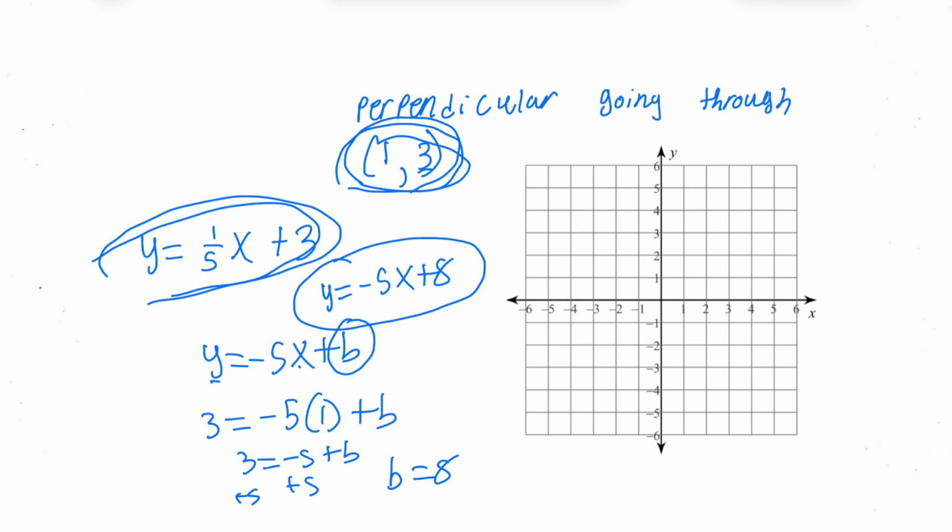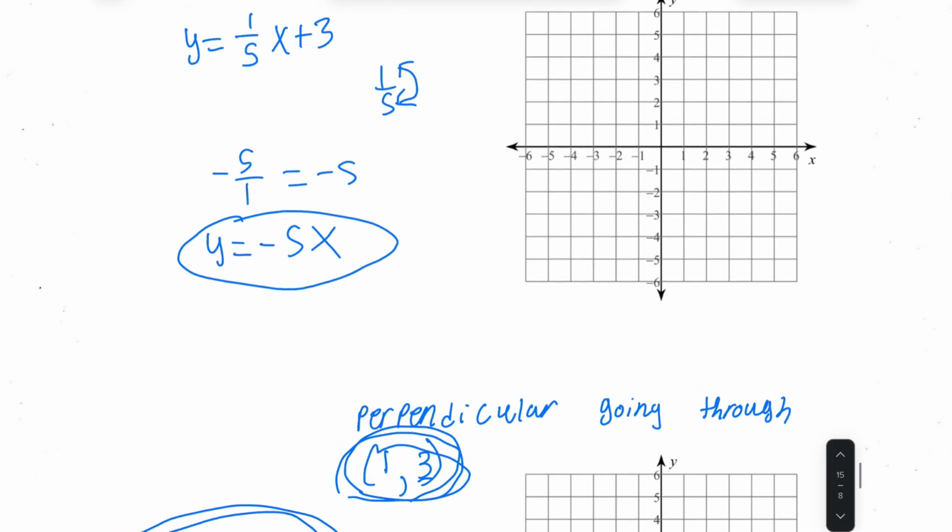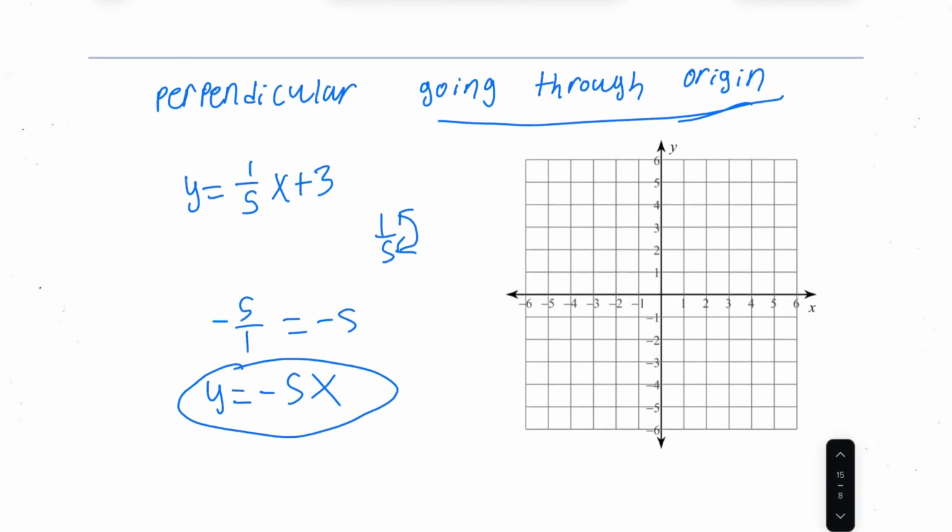And if you want to graph these, I'm just going to graph the top one here, just so you can see how the perpendicular lines look. So this equation, the graph of it would look like 3, and then 5 to the right, 1 up, about here.